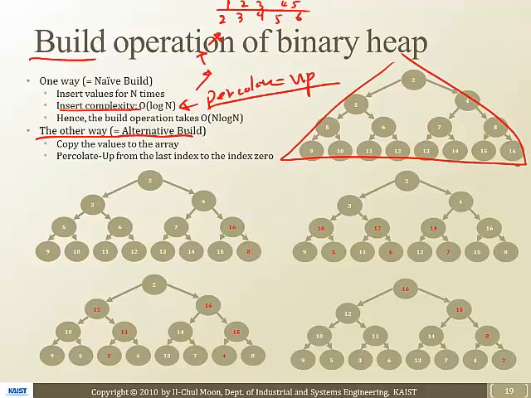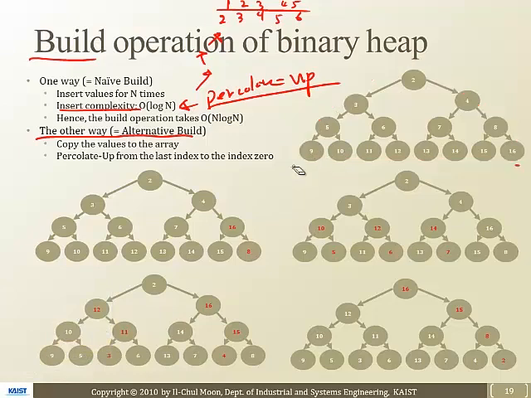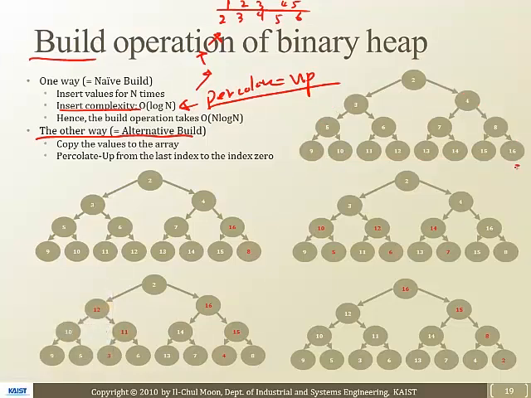It is a simple process. Okay, let's just erase this. And we start from the 16, from the last element. And what we are going to do is the percolate up, but just one time percolate up.